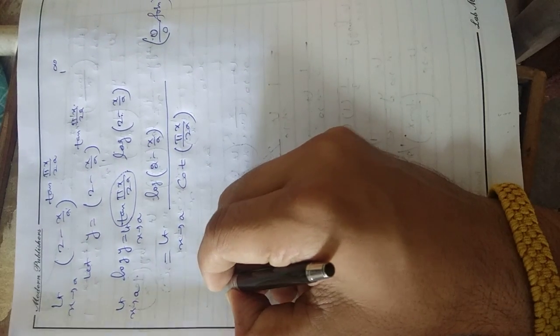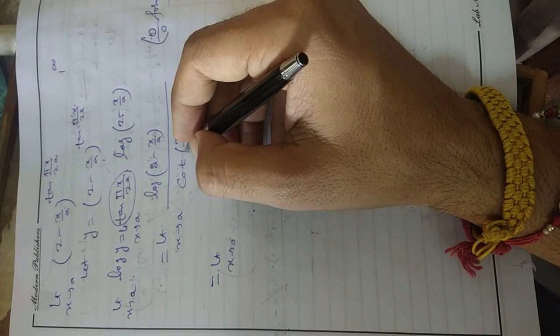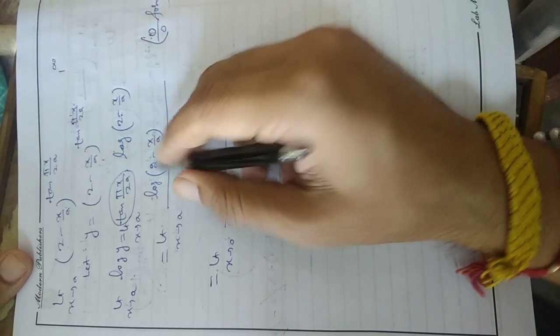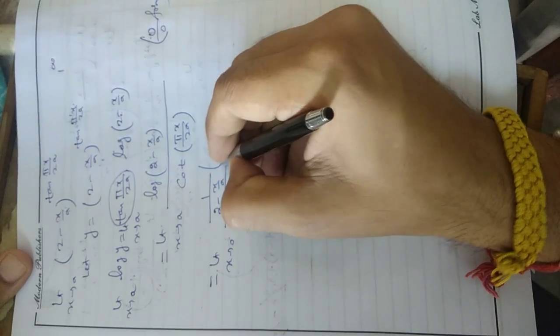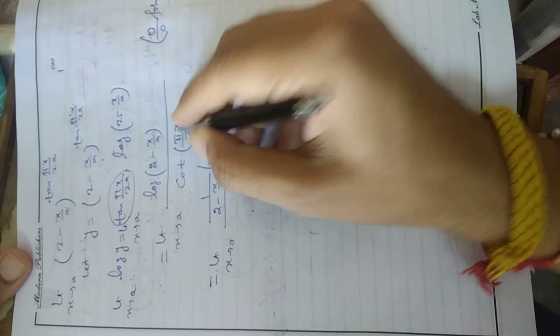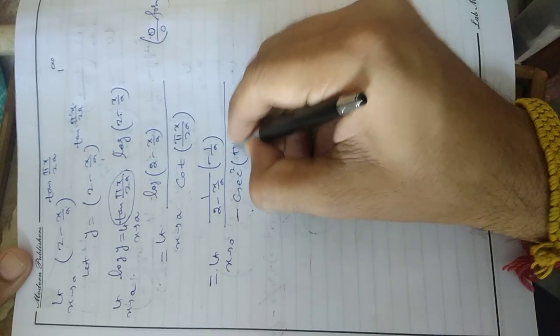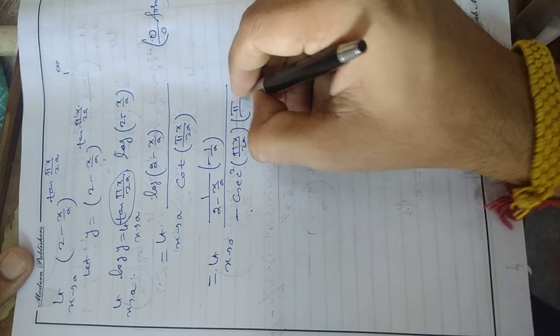So therefore this is equal to limit x approaches a. Now derivative of log u is 1 over u into derivative of u, and derivative of cot theta is minus cosecant square theta into derivative of theta, which is pi over 2a.